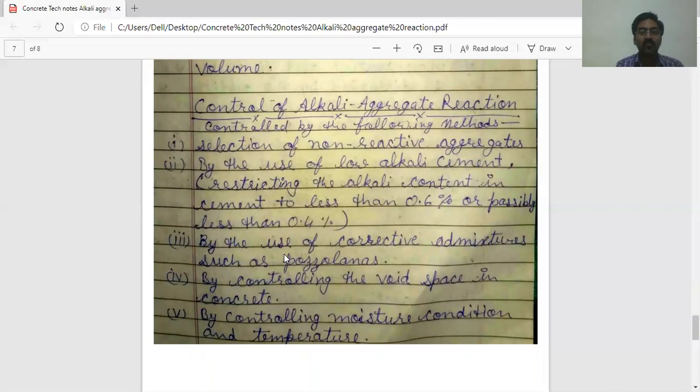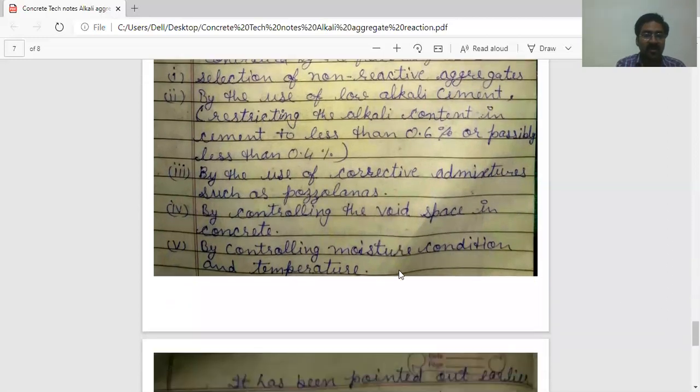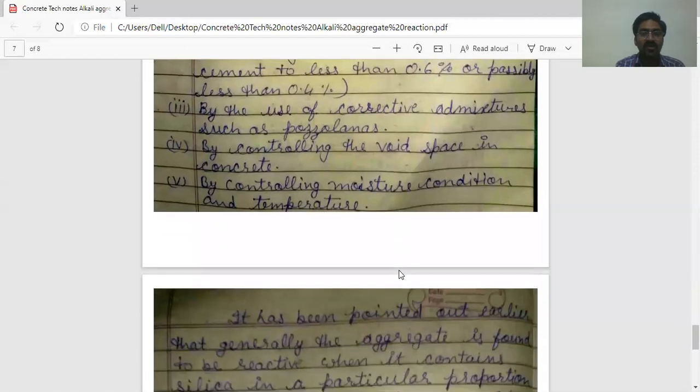Third is the use of corrective admixture such as pozzolana or fly ash. Fourth, by controlling the void space in concrete, less void space or void ratio due to proper compaction. Fifth is by controlling moisture condition and temperature.